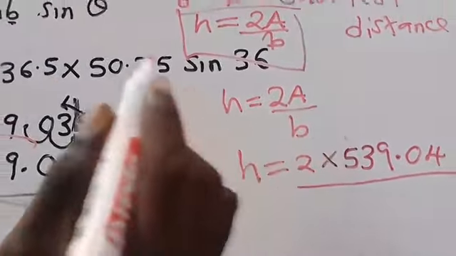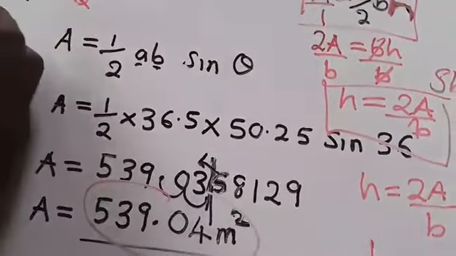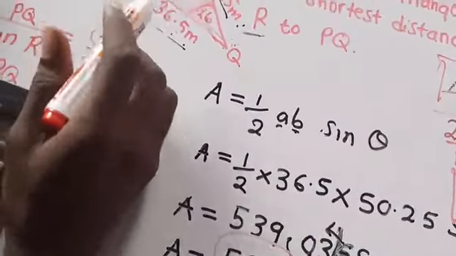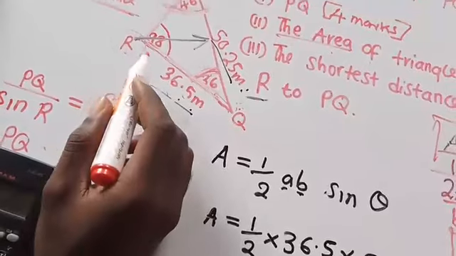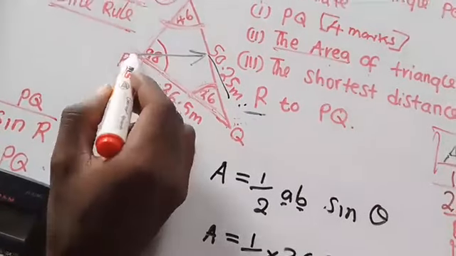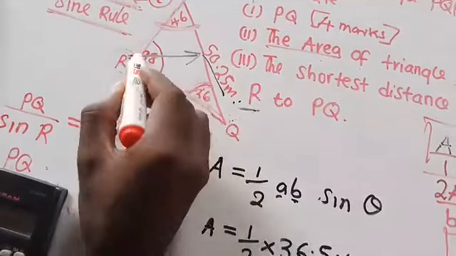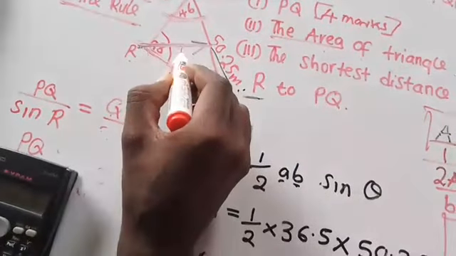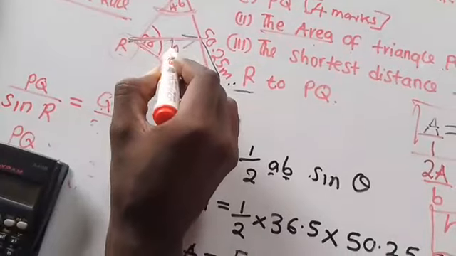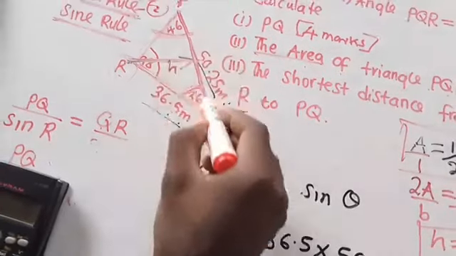You look at the diagram that is given. This is the triangle. We are told to find the shortest distance from R to PQ. This is our area. This is our height. Then the base, PQ, is our base.